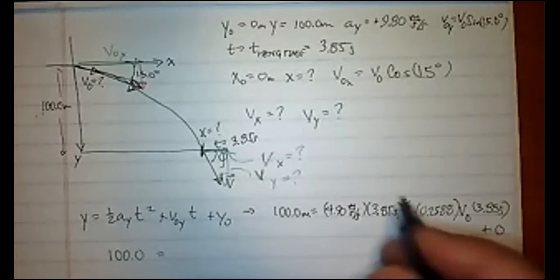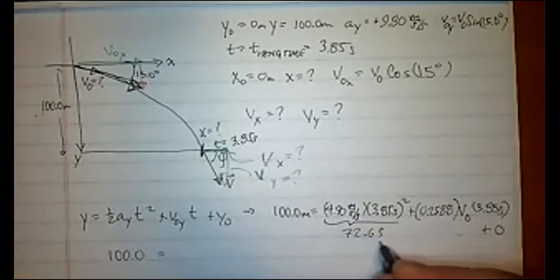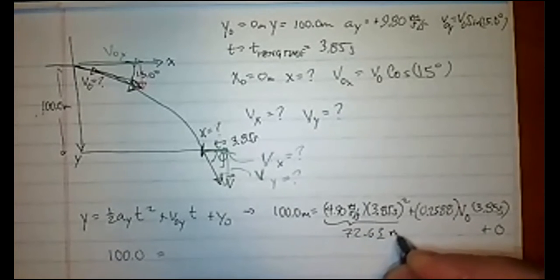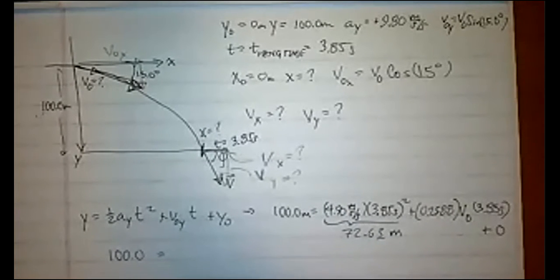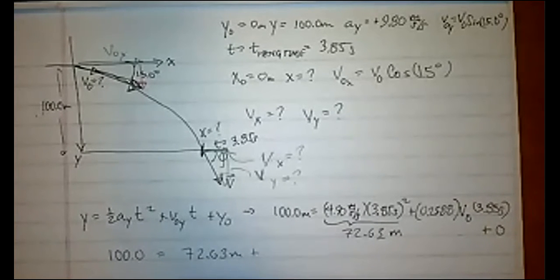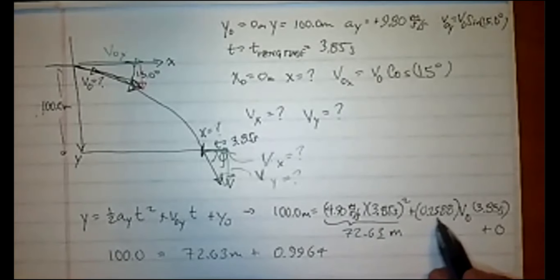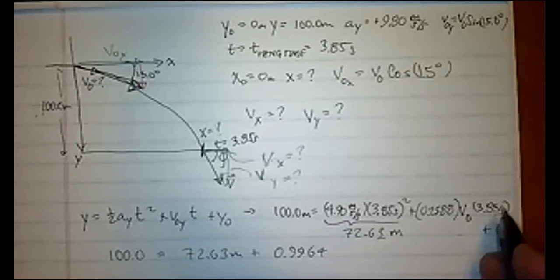So this quantity right here is 72.63 meters. So I'm going to now say 72.63 meters. And then plus, if I multiply 0.2588 times 3.85, then I can get just a 0.9964. That's 0.2588 times 3.85 seconds.